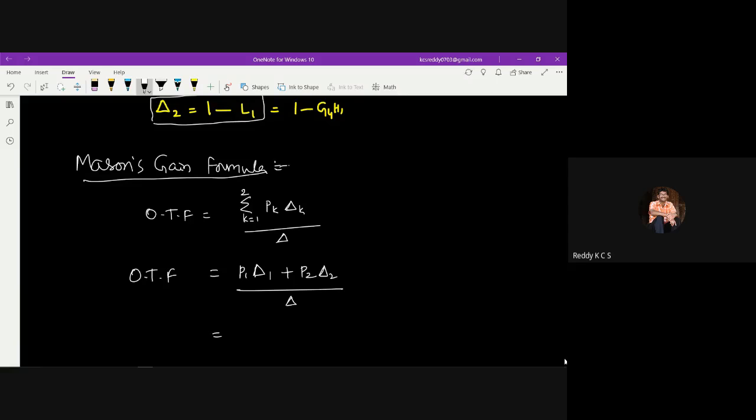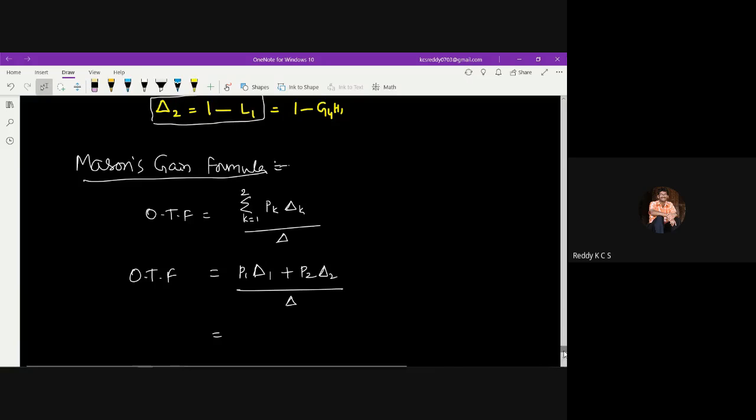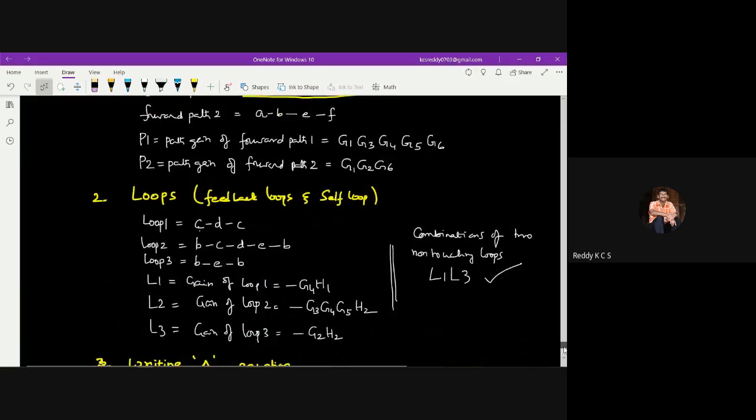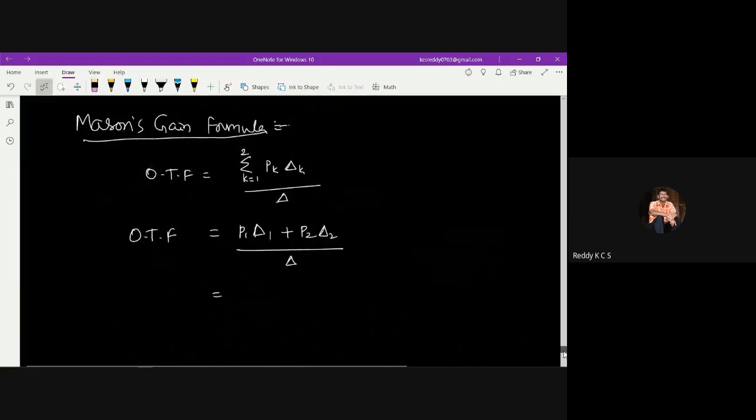P1 is G1 into G3 into G4 into G5 into G6. Del 1 is 1, so into 1 is 1 only. Then plus P2.